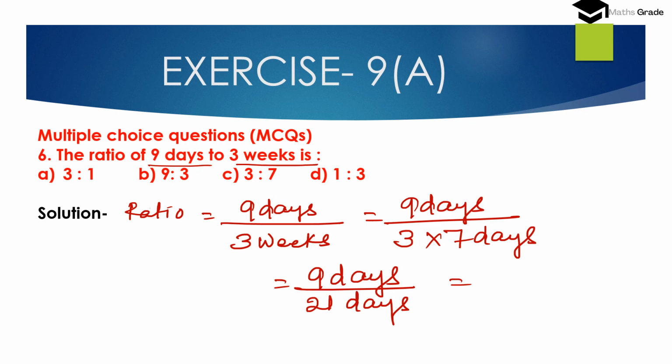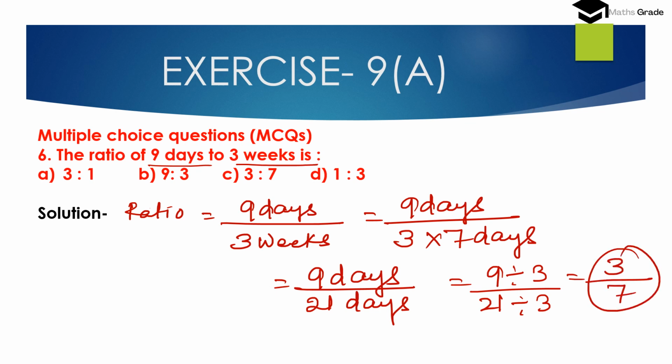Now between 9 and 21, 3 is the common factor. So divide the antecedent 9 with 3 and the consequent 21 with 3. So 9 divided by 3 is 3 and 21 divided by 3 is 7. Now the answer is 3:7.